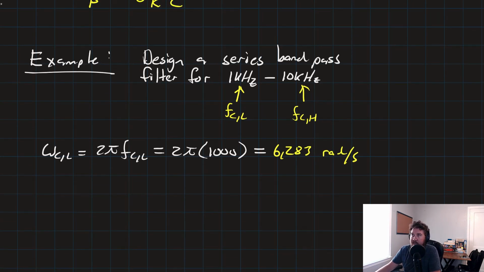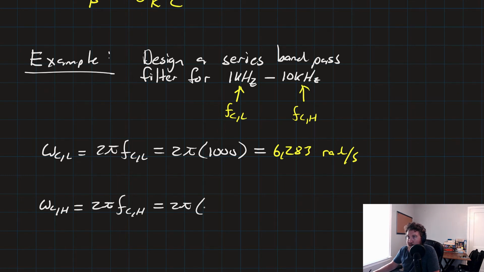On the high side, omega C high is equal to 2 pi times F C high, which is 2 pi times 10,000, equal to 62,832 radians per second.